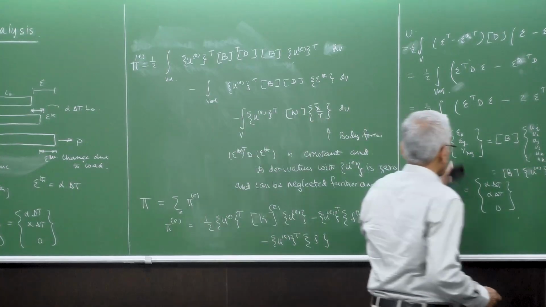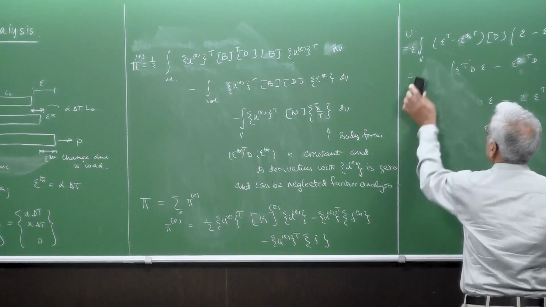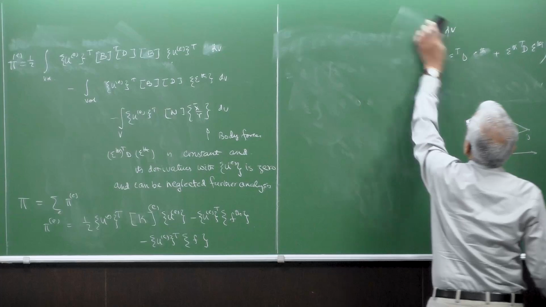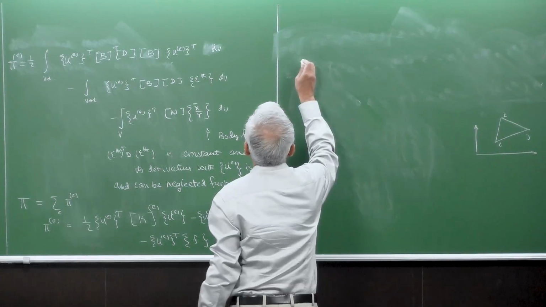Okay, so let me explain these things. So this is the concise form. What does K mean? K you can recognize to be the usual stiffness matrix of the element. So here K is the stiffness.